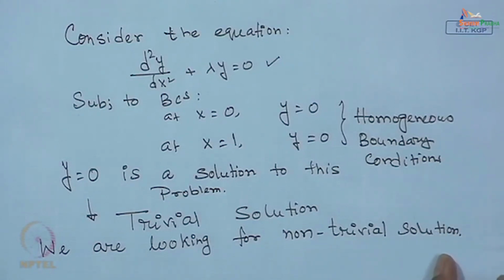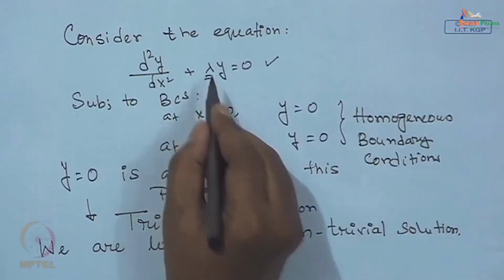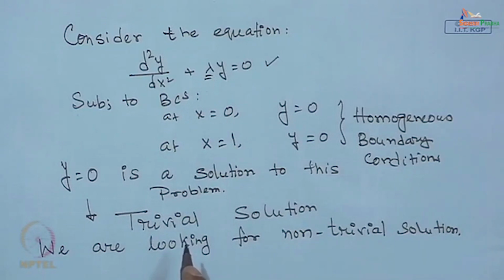So, we are basically looking for a non-zero solution for different values of lambda. So, what are the values of lambda so that this will give you a non-trivial solution?